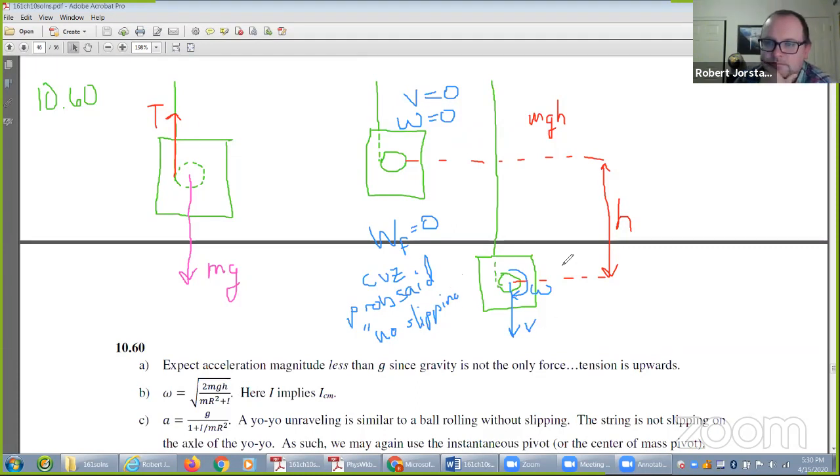So mgh is the only energy at the beginning. That lets me go back into here. At the end, I'm going to have 1/2 mv squared for the translational motion, and then I have to remember to add in 1/2 I omega squared.